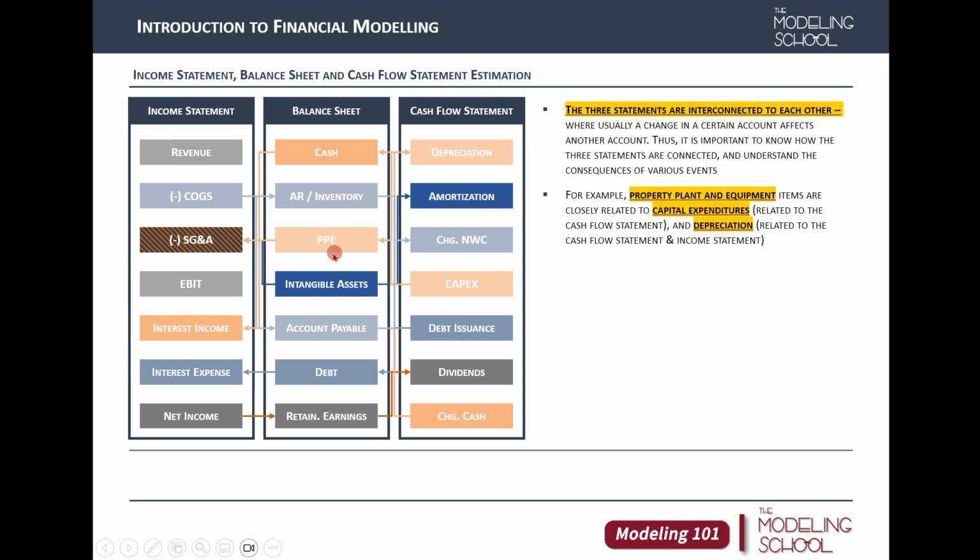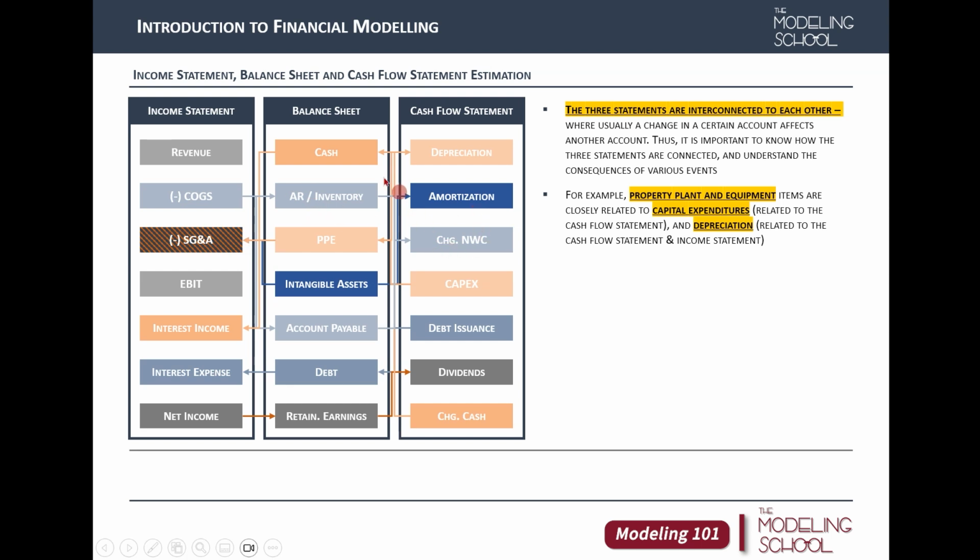Let's see just one example. For example, property, plant, and equipment items are going to be closely related to capital expenditures on the cash flow statement and depreciation on the cash flow statement, which is also going to be allocated to cost of goods sold and selling, general, and administration expenses.